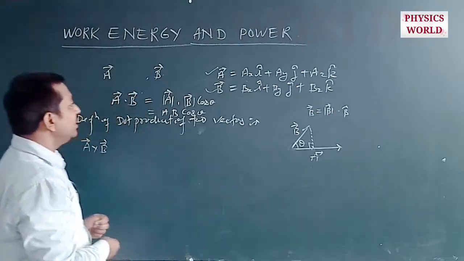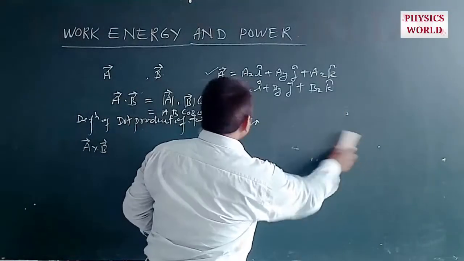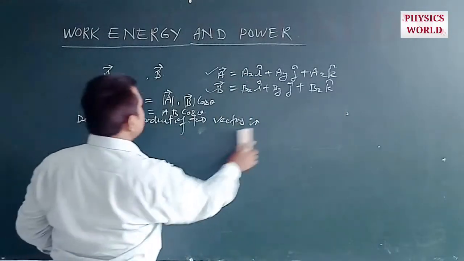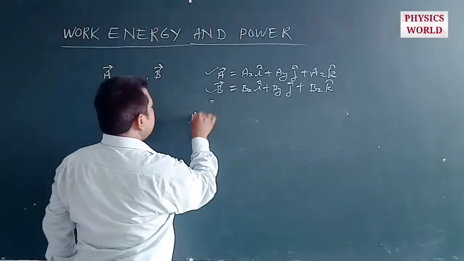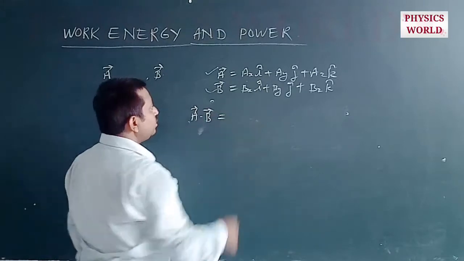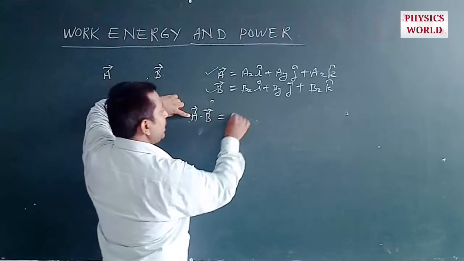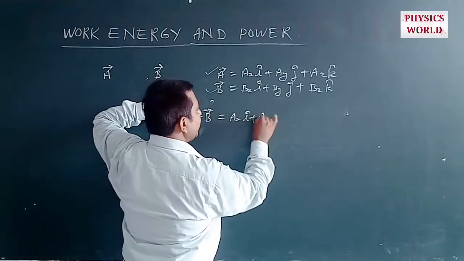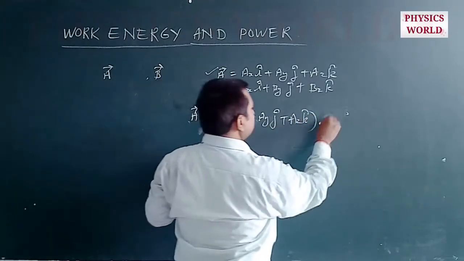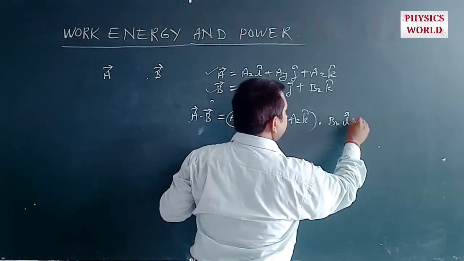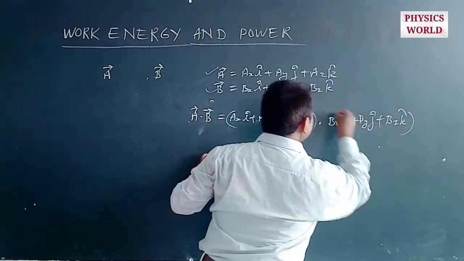We can easily find that if we do the multiplication between i with i, we can write vector A dot vector B as AX i cap plus AY j cap plus AZ k cap dot BX i cap plus BY j cap plus BZ k cap.